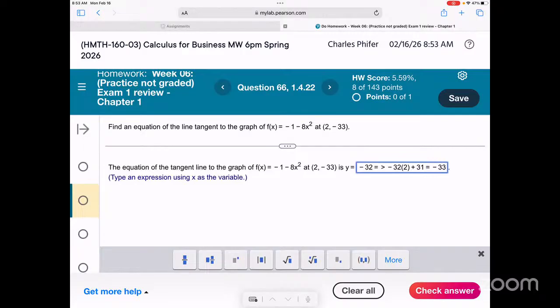Our slope was negative 32. Okay, I'm going to get rid of my notes. Okay, let's just go with it.